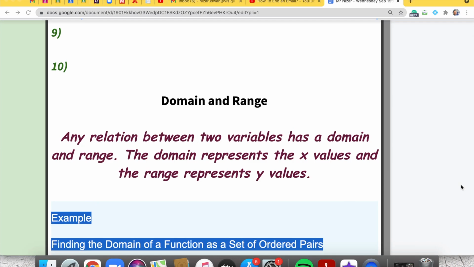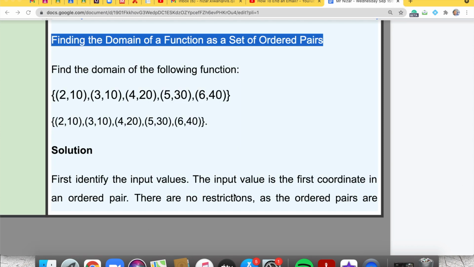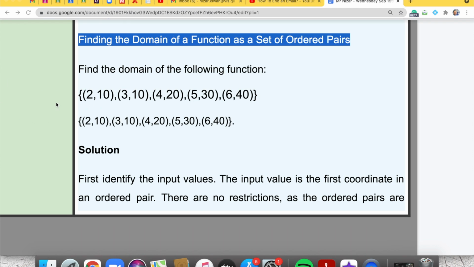Now, domain and range. For any relation or any function, there is a domain and there is a range. The domain represents the x values, the possible values that x can take, whereas the range represents the possible values that y can take. I gave you here the values of x and y but in pairs, so I wrote all the numbers inside pairs and all the pairs inside braces.